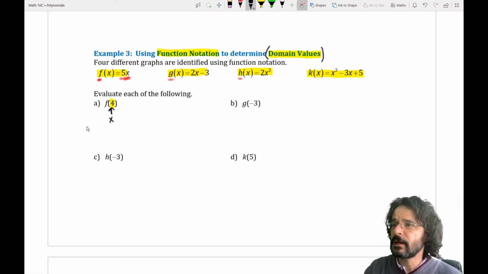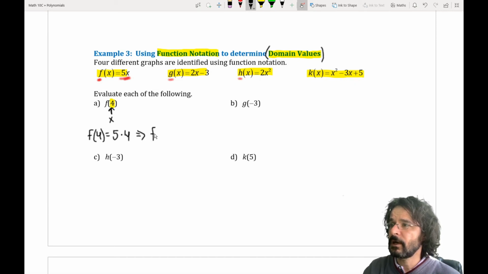So if we write this out, f of 4 equals 5 times x, but x is 4, so we set that to 4. And then f of 4 equals 5 times 4 is 20. Okay, and that's it. So we've evaluated f of 4.